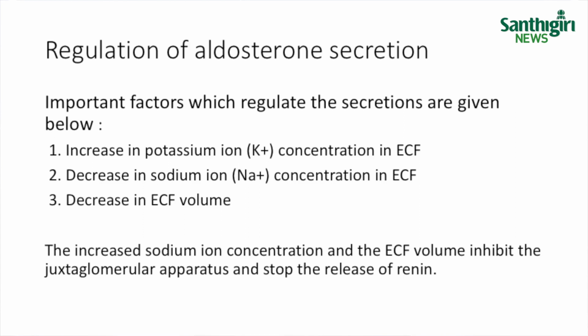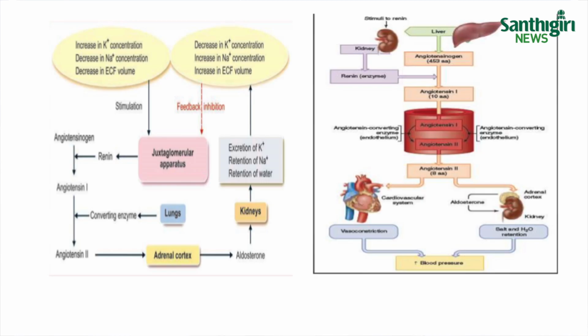The three important factors which regulate aldosterone secretion are increase in potassium ion, that is hyperkalemia, decrease in sodium, and decrease in ECF volume, and to some extent ACTH also influences the regulation of aldosterone synthesis and secretion. This figure represents the scheme of regulation, how it is positively stimulated and negatively inhibited.